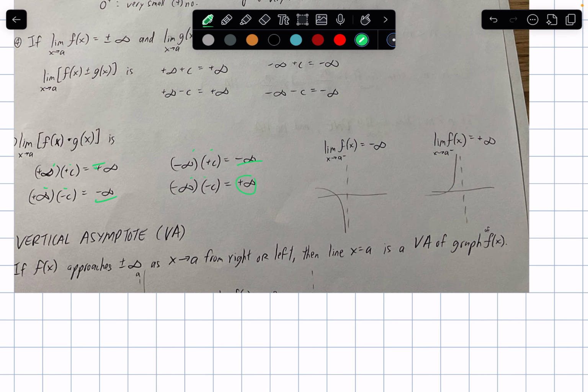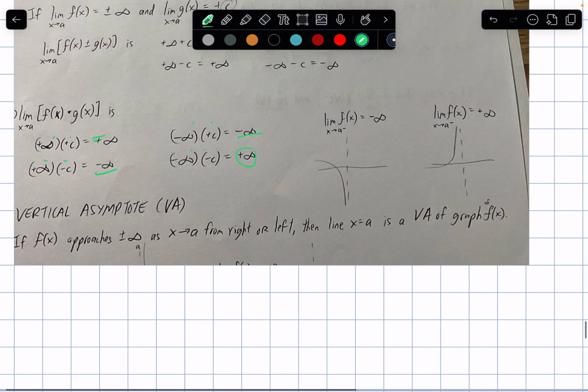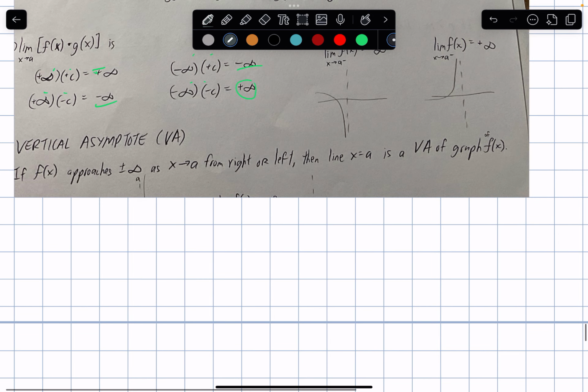Okay. Vertical asymptote. The picture was kind of cut. But essentially, if f of x approaches positive or negative infinity as x approaches a from the right or left, then the line x equal to a is the vertical asymptote.